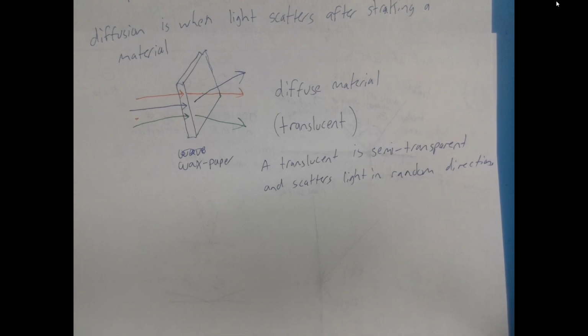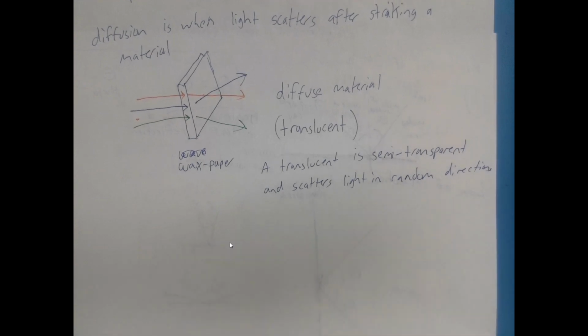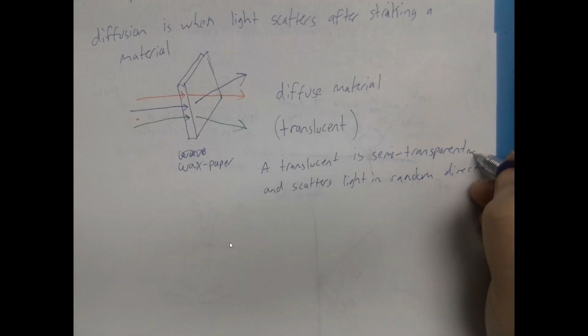So translucent is a semi-transparent material or property.